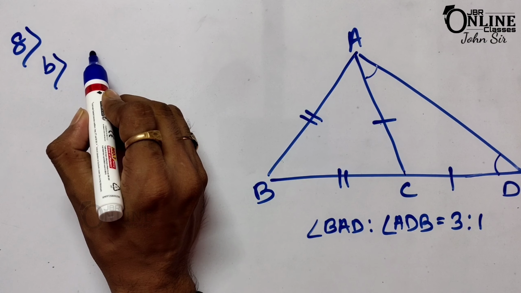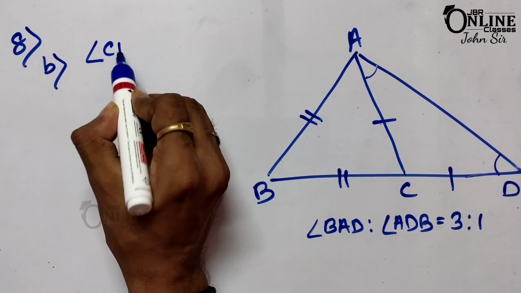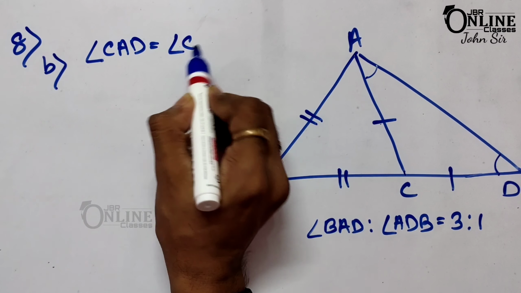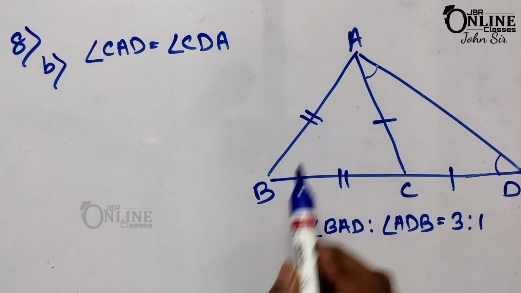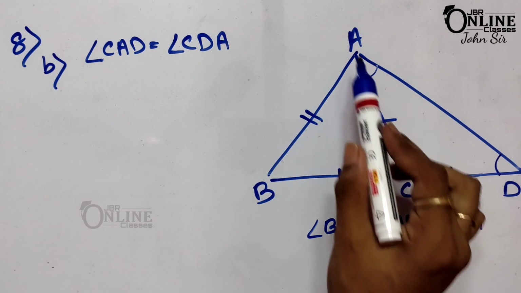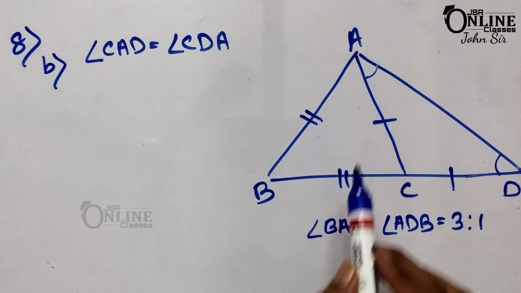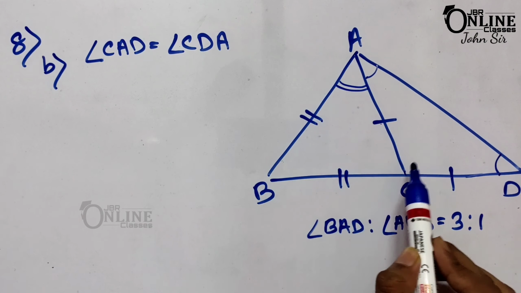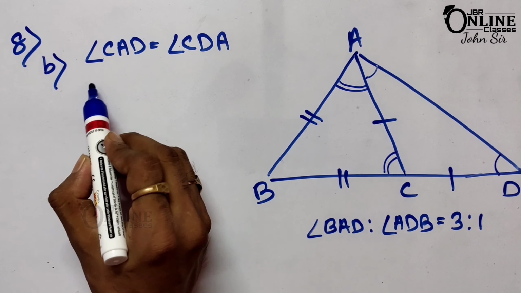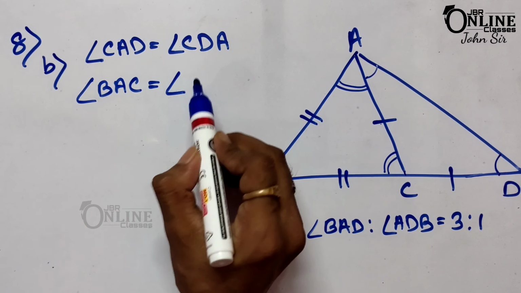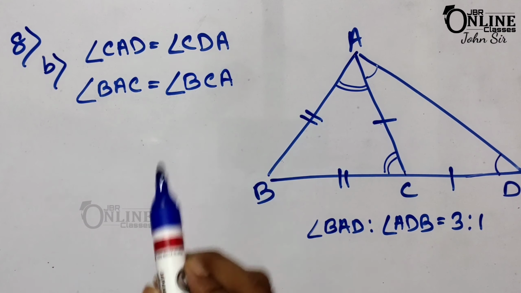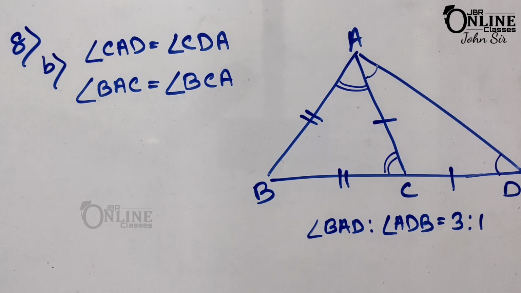So you can write angle CAD equals angle CDA. Clear? And in this triangle ABC, these two sides are equal, so this angle equals this one. So you can write BAC equals angle BCA, or you can also write ACB, as you wish.